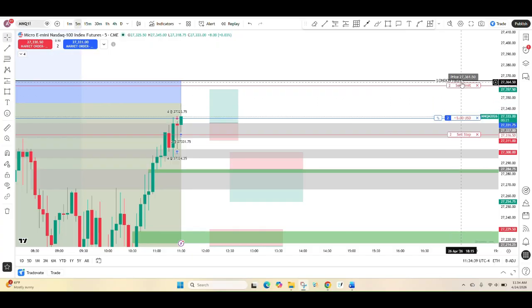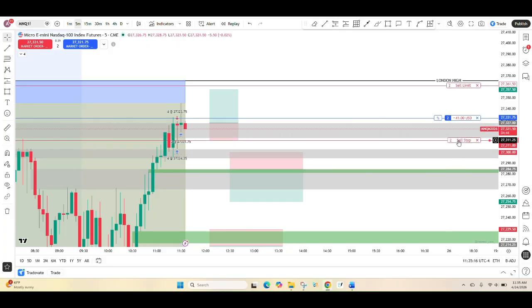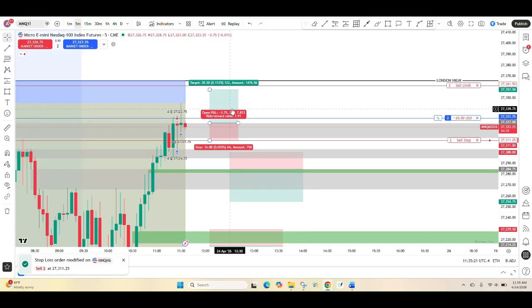I may end up going a little higher though than targeting this London high. I'll move my stop loss, once this candle closes, maybe. We'll see. I just moved my stop loss down to what it originally would have been.